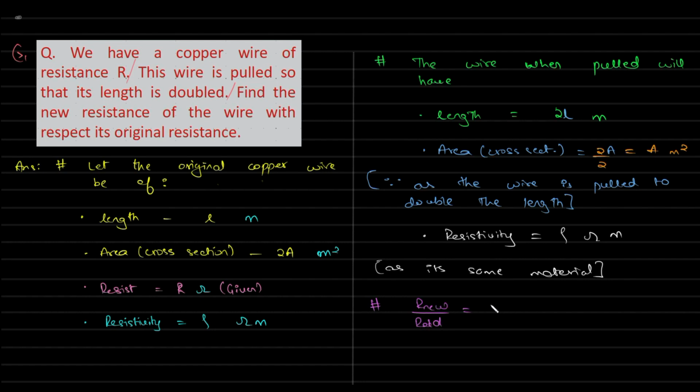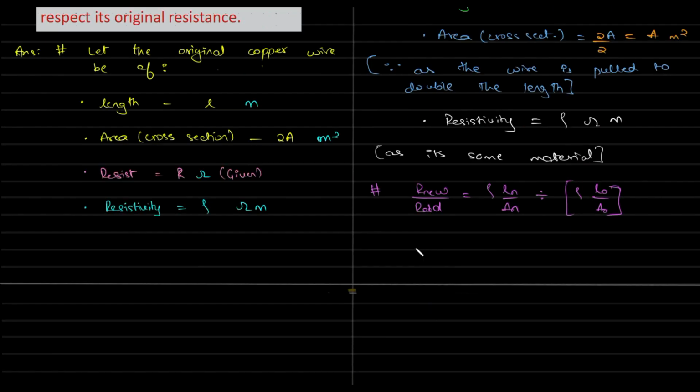So R new is rho L new by A new, divided by rho L old by A old. That's all. So now all we have to do is substitute. L new is 2L.